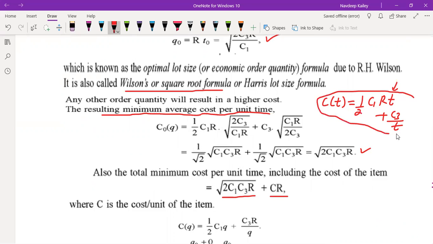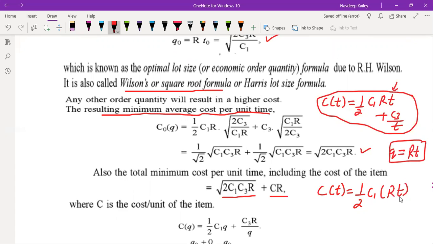If we change this formula above, that is the formula for average total cost per unit time, in terms of quantity, then it becomes half C1. Basically, quantity is equal to R into T. From here, this becomes half C1 RT plus C3 by T, which is further equal to half C1 RT, which is basically Q, plus C3.